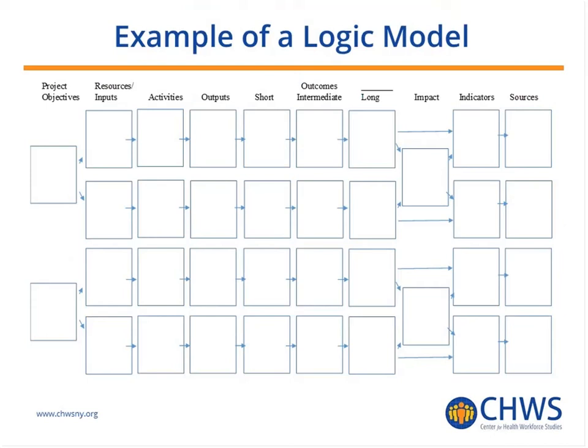Outcomes can sometimes be short, intermediate, or long. Sometimes they can just be short and long. Sometimes they don't have impact. Sometimes the impact becomes a long-term outcome. And indicators and sources I've really never seen missing, but as someone who collects data all the time, I want to be able to move from, if I start with my project objective and walk along the top row, I should be able to identify my data source and my indicator that can measure that objective.